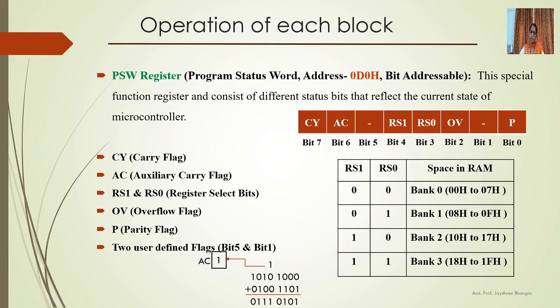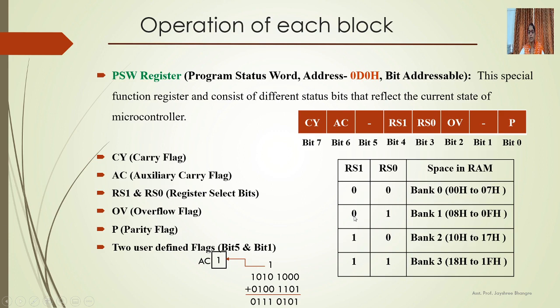And these bits are used to select the particular bank out of the 4 banks. So here we can see that the configuration of the bits selects the particular bank. So when these two bits are 00, bank 0 will be selected, whose range is 00H to 07H.